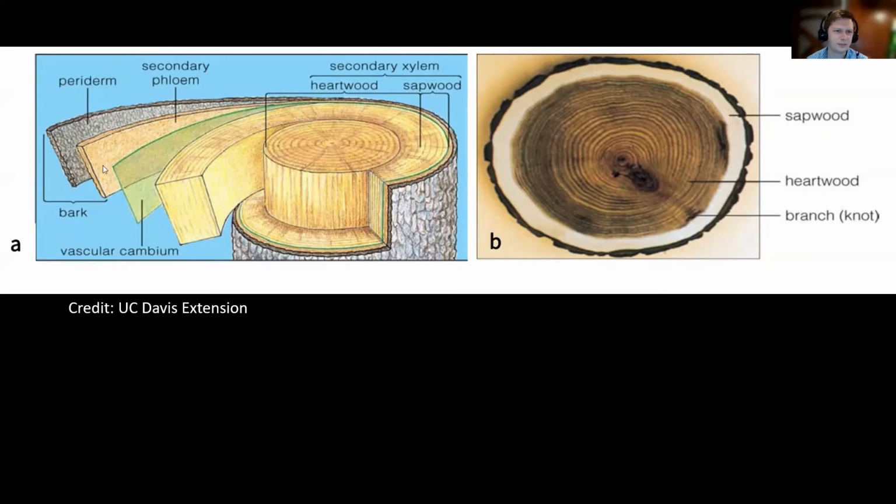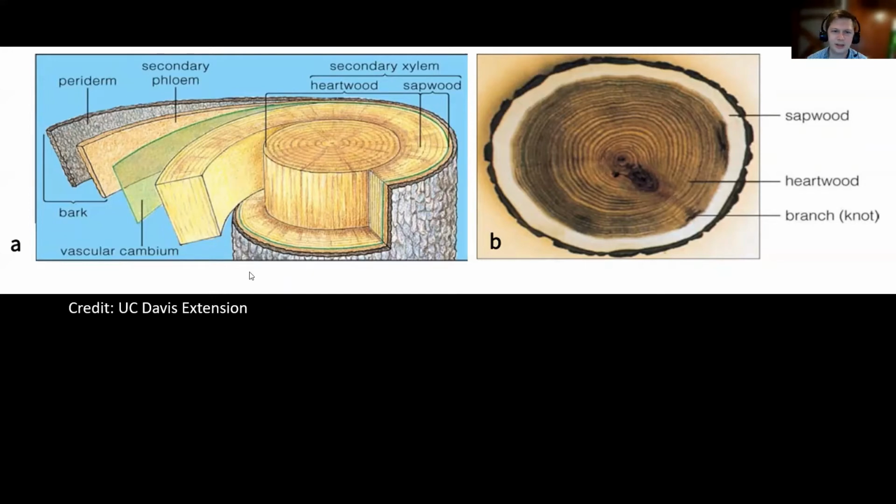Within the phloem, this is the other vascular part of the tree, the area where carbohydrates and sugars work their way down. Then outside of this, you've got the periderm, which is basically the tree skin, of which bark is part.